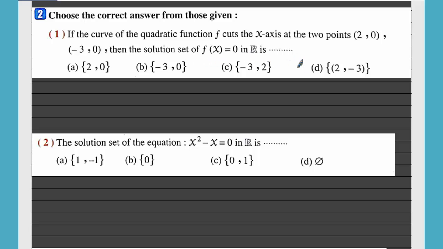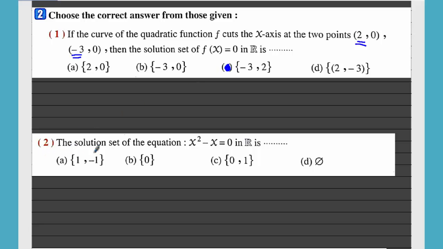Here the x coordinate equals 2 and the x coordinate in the second point equals -3. So the solution set equals {-3, 2}. So we choose letter C.